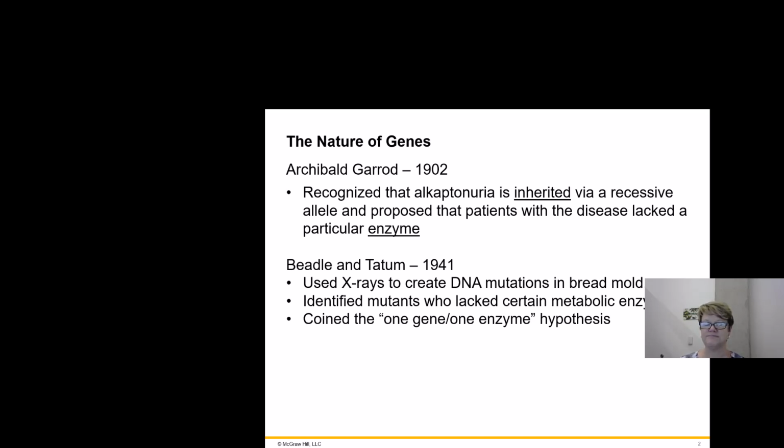Black urine. And so he proposed that patients with the disease lacked a particular enzyme. And that ends up being the case. People who have alkaptonuria, their cells don't make a certain enzyme. And enzymes are the product of gene expression.